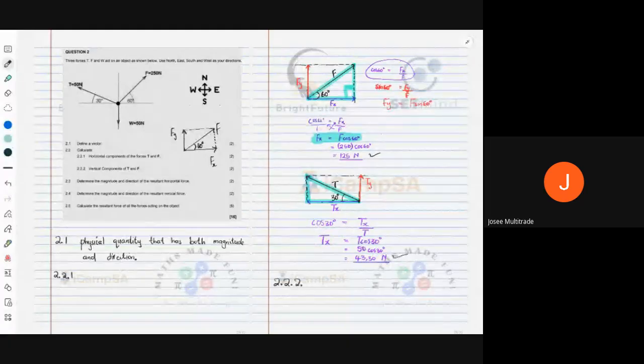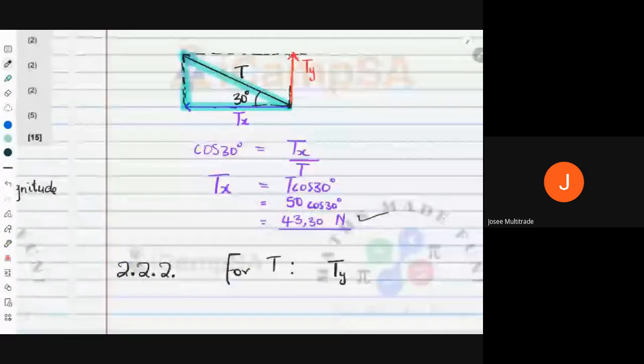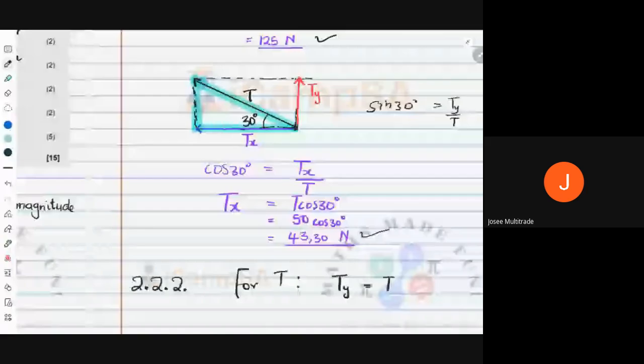All right, so 2.2.2. For T, you can even divide it if you want. For T, they now want vertical components. We just did horizontal, so now let's do the vertical ones. For T, you would say Ty is T... If Tx is cos, Ty should be sine. You know why?